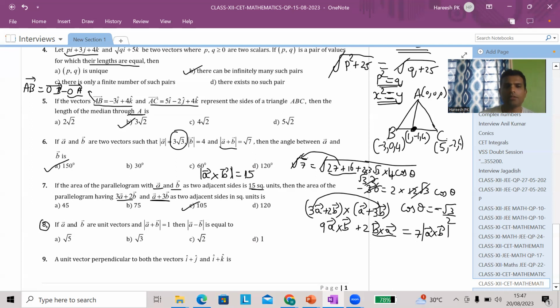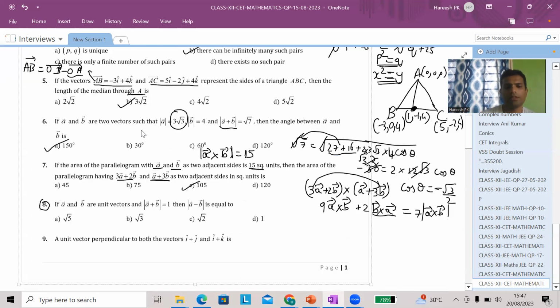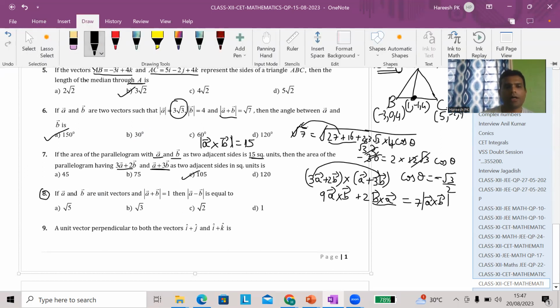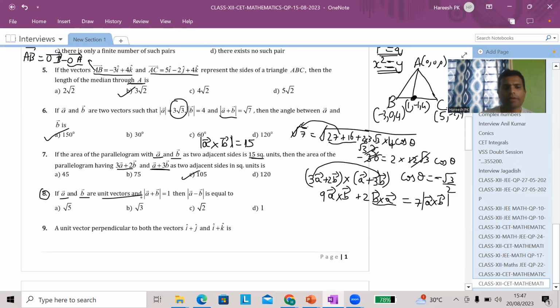So eighth question, very similar to the third question where we figured out what is theta, right? And the cos theta, 2ab cos theta, right? So quite easy, this one. So you should remember, whenever A and B are unit vectors and the resultant is also a unit vector, I remember it directly.